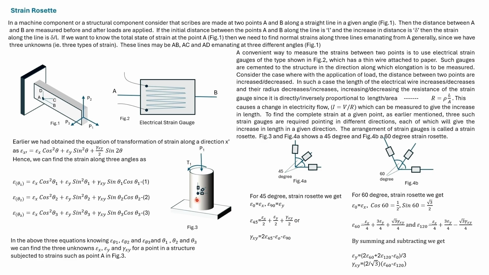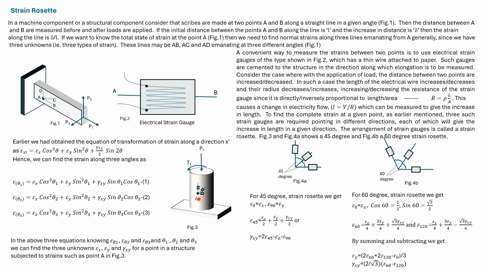Consider three strain gauges cemented to the member emanating from the point A. The strain gauges are at three different angles. Earlier we saw that the transformation of normal strain is given by this equation. For the three different angles, we can have three different equations.